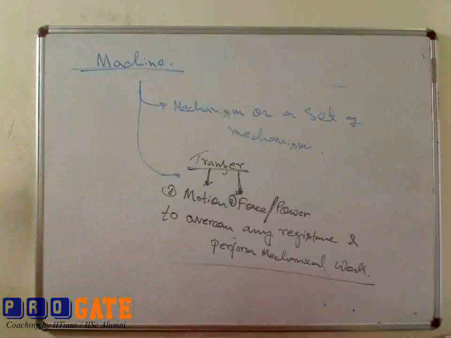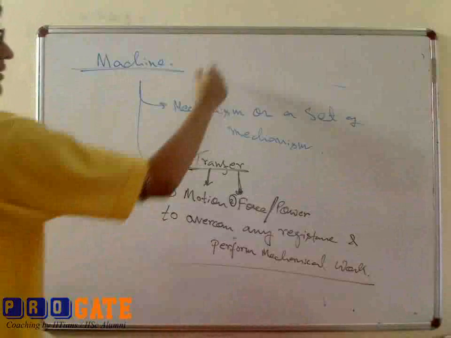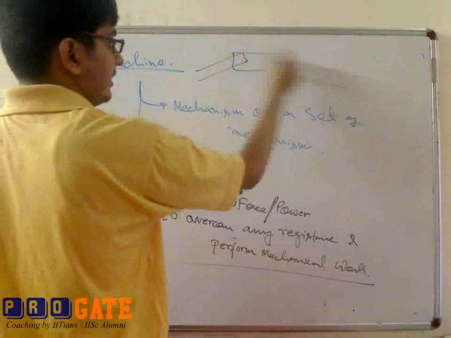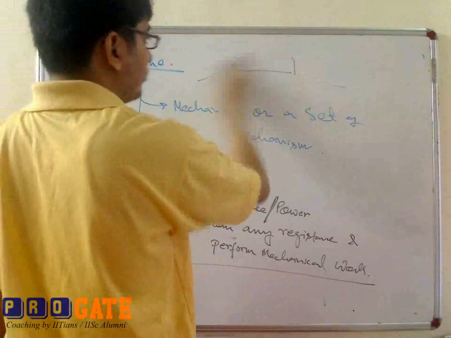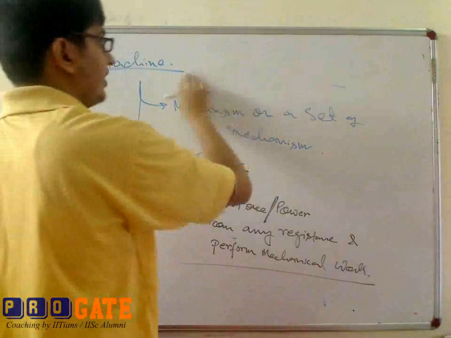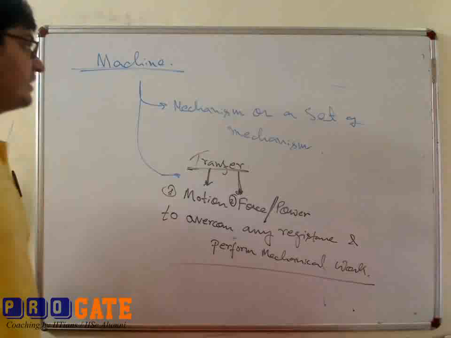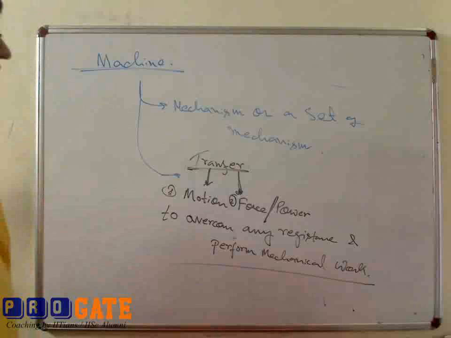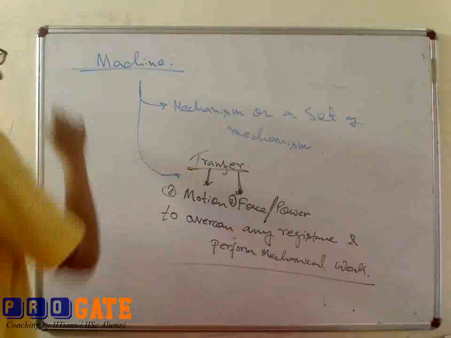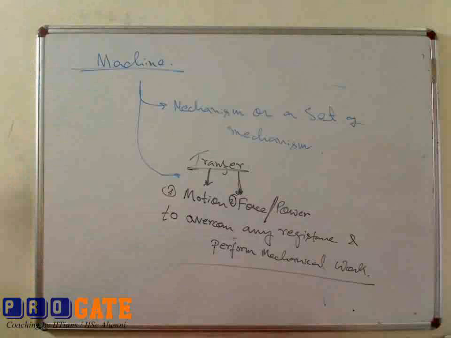Two and three links, if jointed, create the kinematic chain, and if you fix one link of the kinematic chain, then it becomes a mechanism.